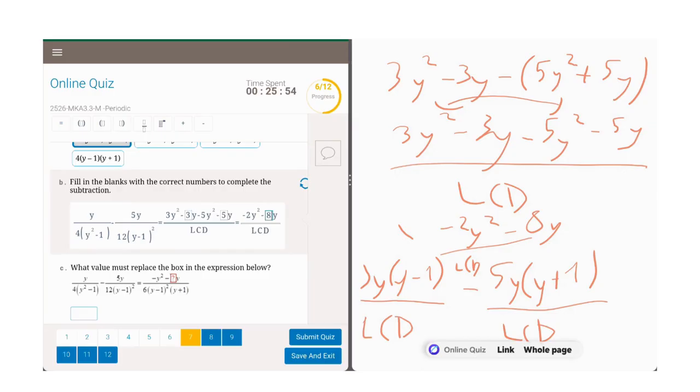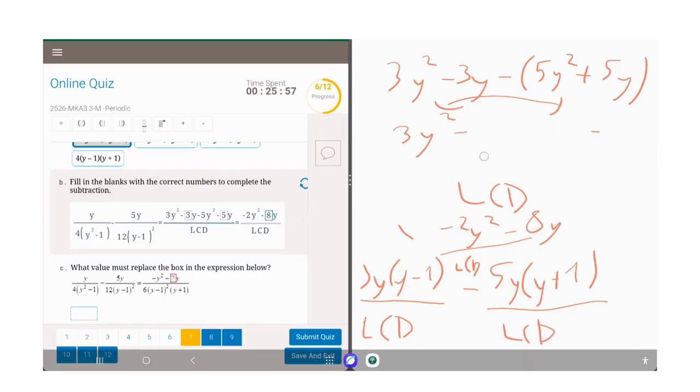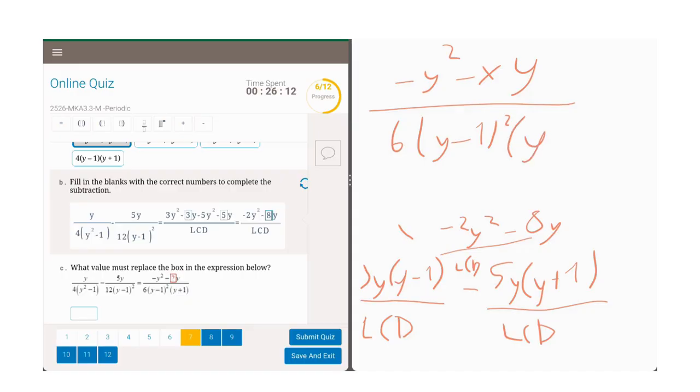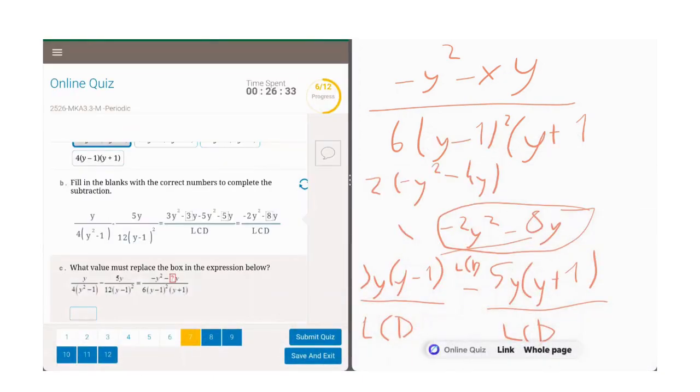And then here we can delete all of this for now. It says we have negative y squared minus something y, let's just say xy, over 6 times y minus 1 squared times y plus 1. Here look, we can still factor this. It'll be 2 into negative y squared minus 4y. Usually you would factor with the negative sign outwards, but here I noticed that both of these are negative in part C, so I would keep the negative inside.